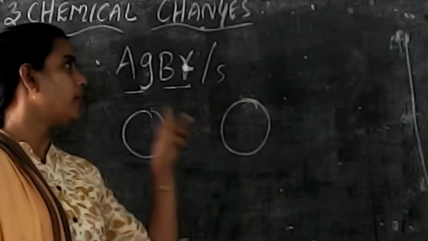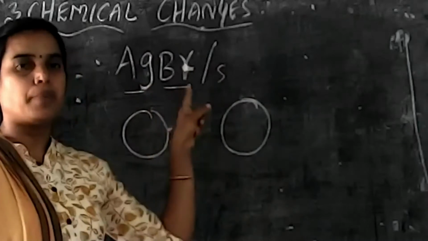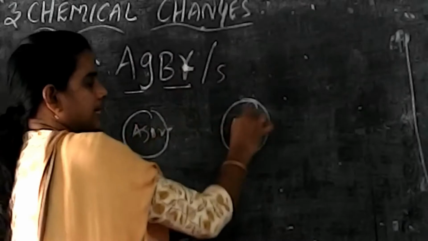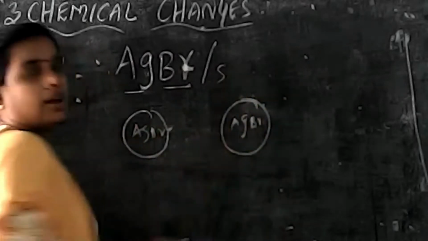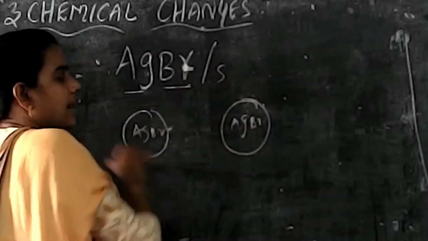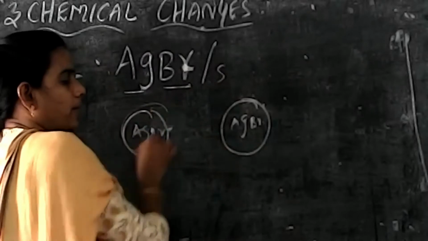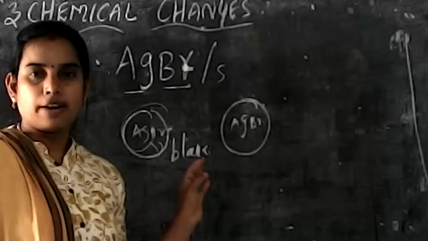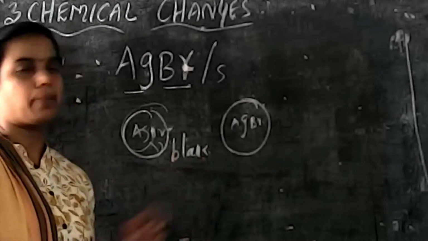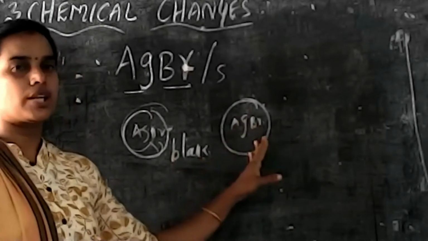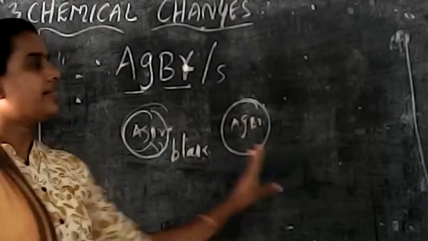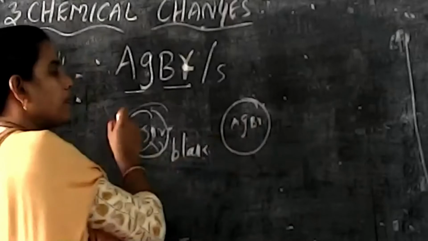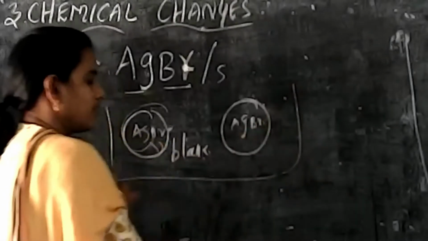First of all, we are taking silver bromide in two watch glasses separately. Then one of the watch glasses is covered with a black paper, and the other watch glass is not covered. Then we have to keep these two watch glasses in the presence of sunlight.